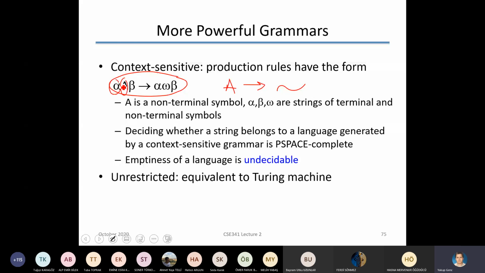It says if alpha happened and beta will happen, then you can say A can be W. So this depends on the context: alpha and beta give the context of A's replacement with W. These are called context-sensitive grammars.